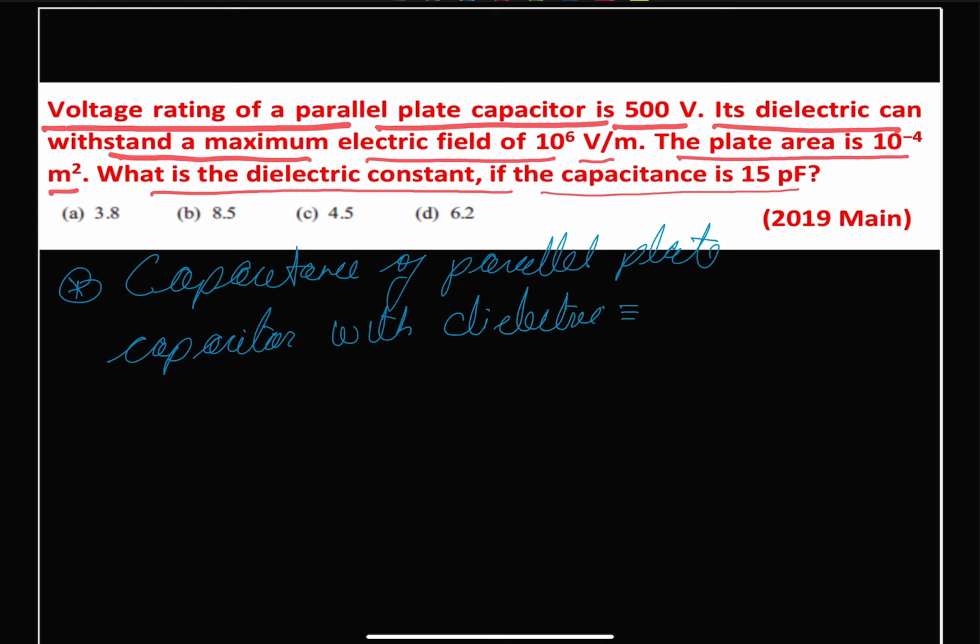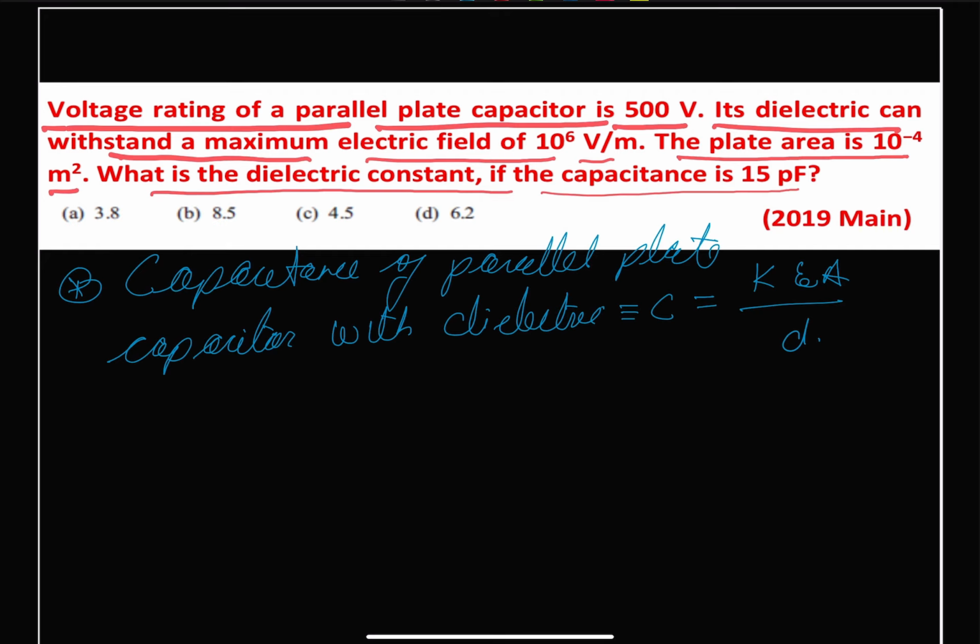Let us suppose that is given as C, and this C will be equal to K, the dielectric constant, epsilon naught, that is A, divided by D. And we are supposed to find out the dielectric constant.